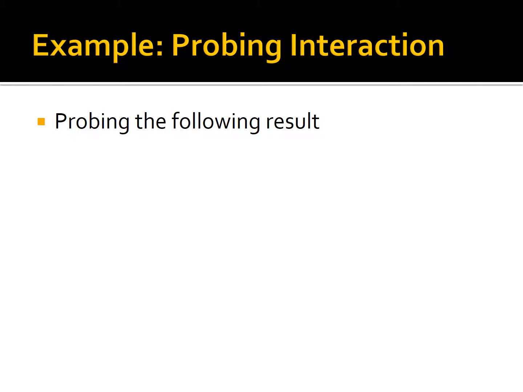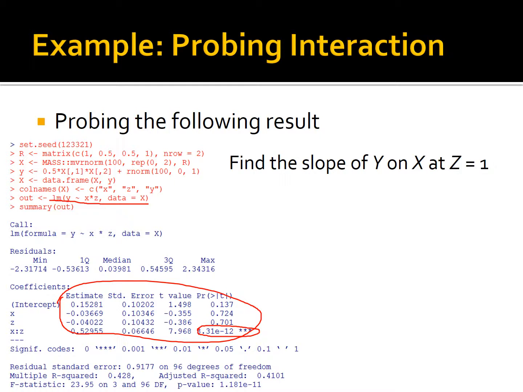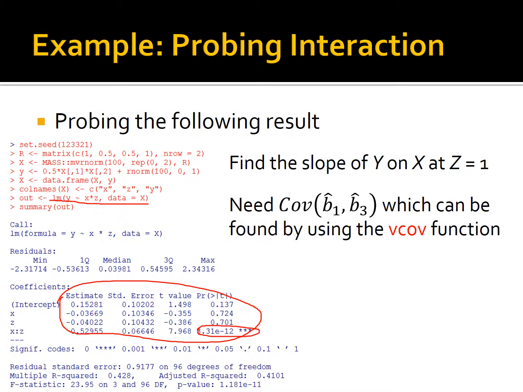Let's probe the following result. So I made the lm command such that y is predicted by x times c, and I got this equation, and I found that the interaction was significant. So I would like to find the slope of y on x at c equals 1.